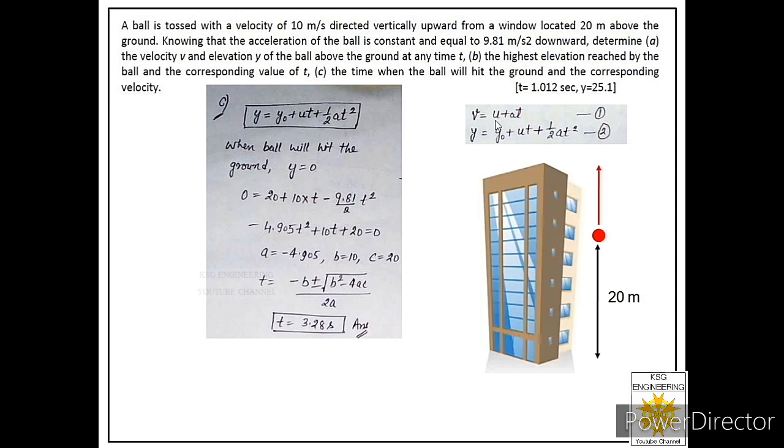Initial velocity we know, that is 10 meter per second. Acceleration we know, that is minus 9.81. And time we have already calculated, that is 3.28. So we'll put these values in equation 1 and we will get the final velocity as minus 22.2 meter per second. So minus means it is in downward direction.